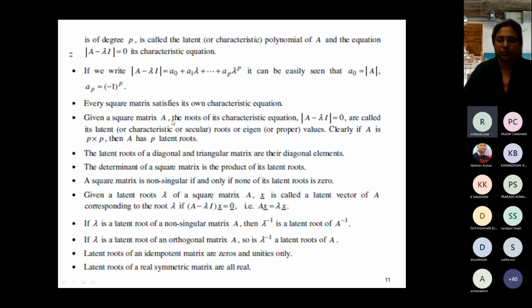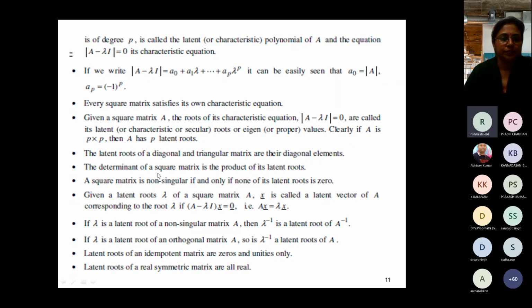Given a square matrix A, the roots of the characteristic equation are called its latent or characteristic roots or eigenvalues. So clearly, if A is p cross p, then A has p latent roots. The latent roots of a diagonal or triangular matrix are their diagonal elements.